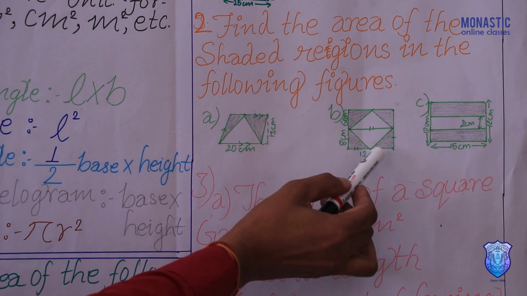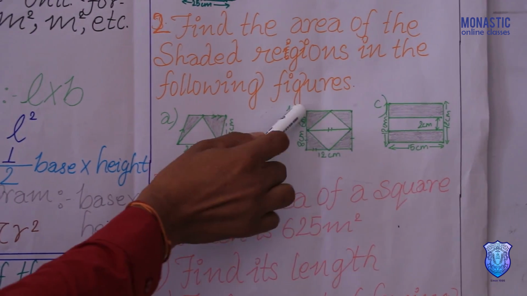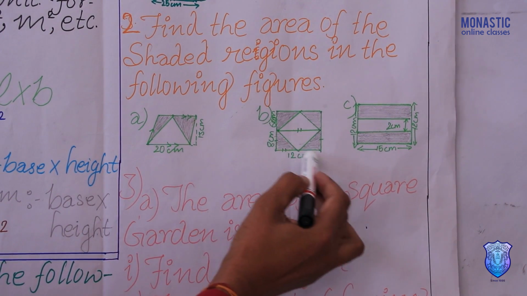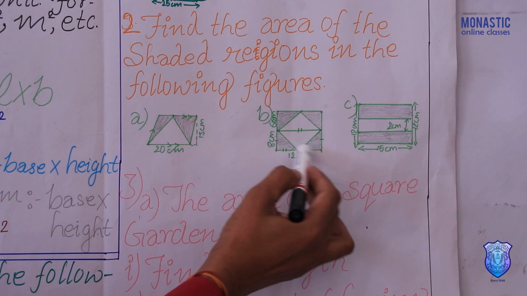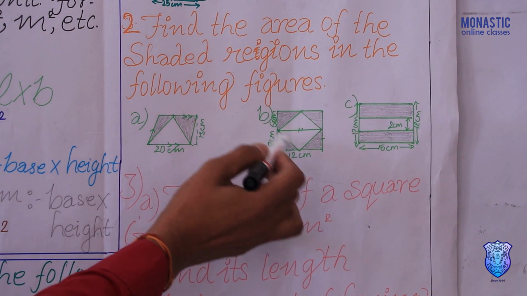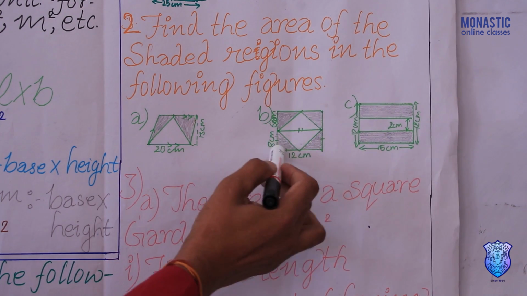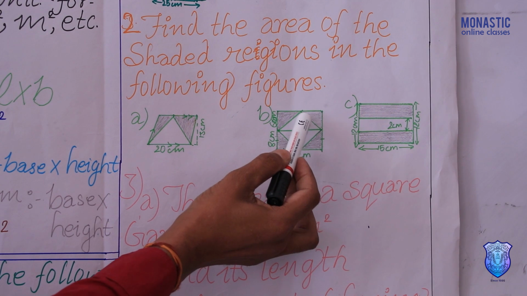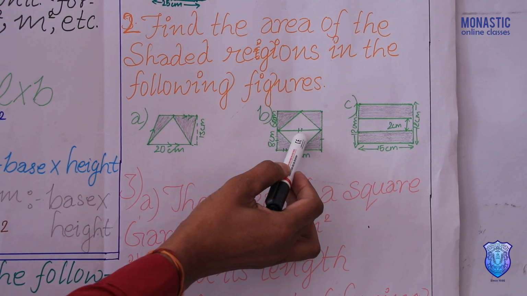Similarly, in this question, what are we finding here? First we are finding the whole figure. This is a rectangle. First find the area of the rectangle. After that, we see one triangle and a second triangle.